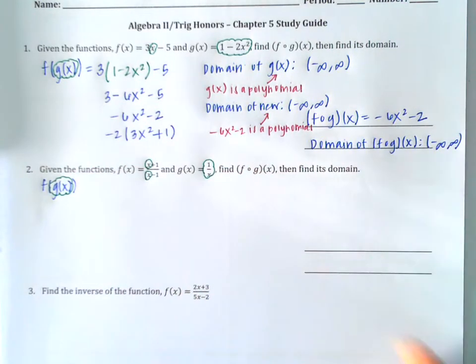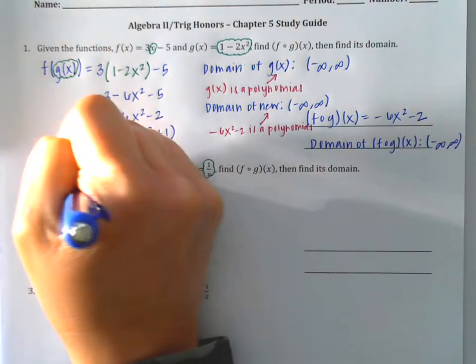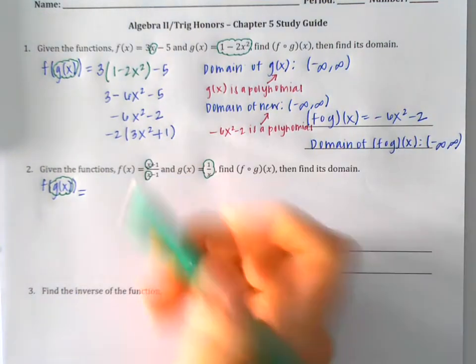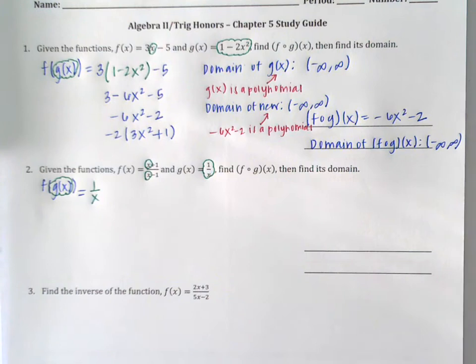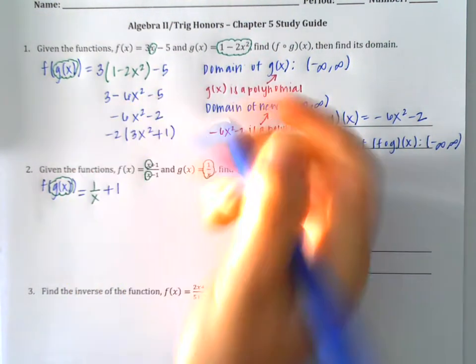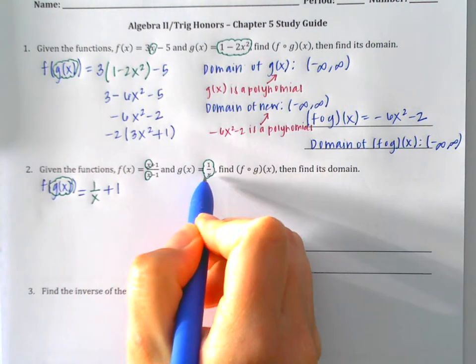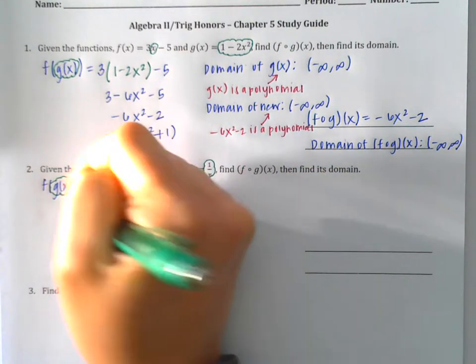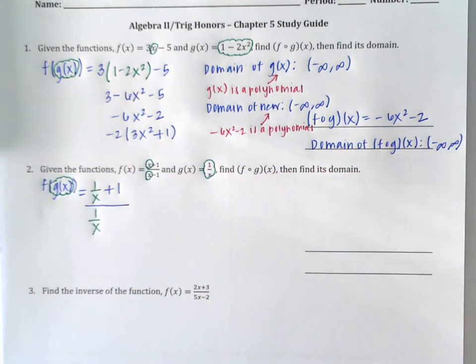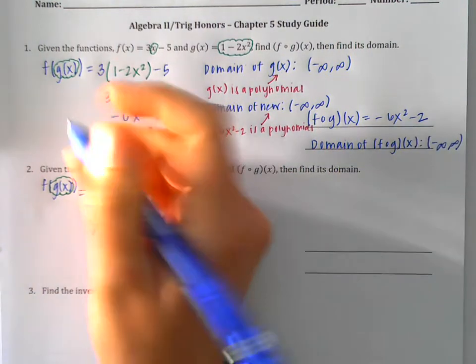Okay, so what does that mean? If it's x plus 1, it's going to be 1 over x plus 1, because we replaced x with g of x, so 1 over x, divided by, again plugging in g of x, 1 over x minus 1.